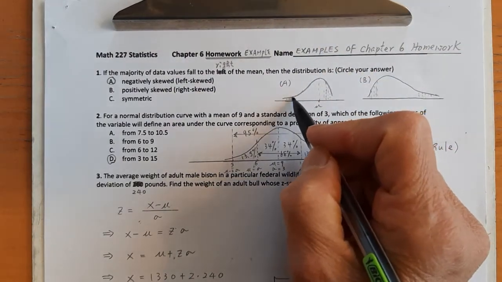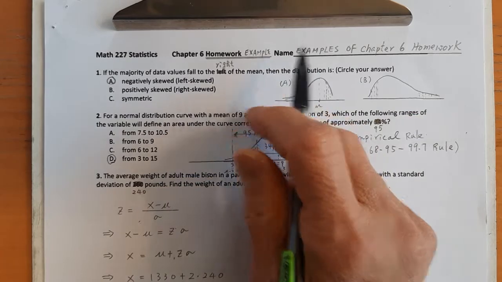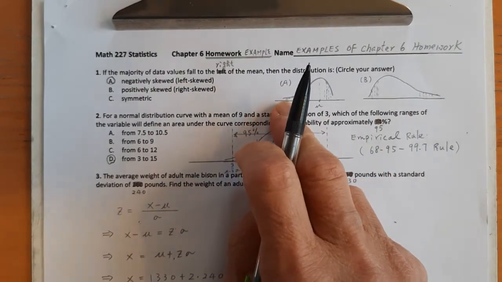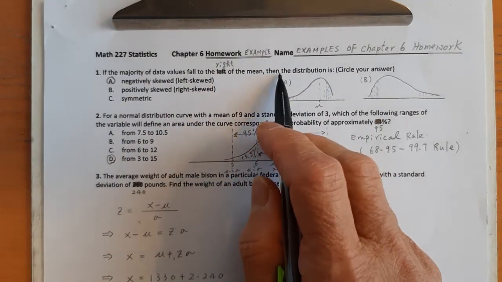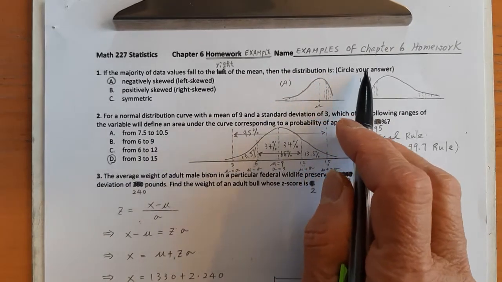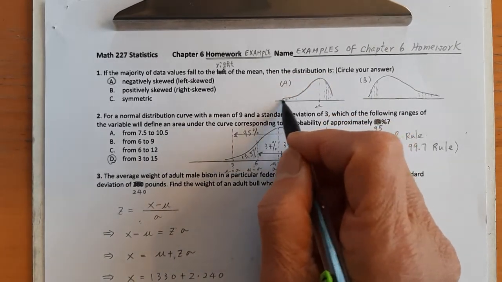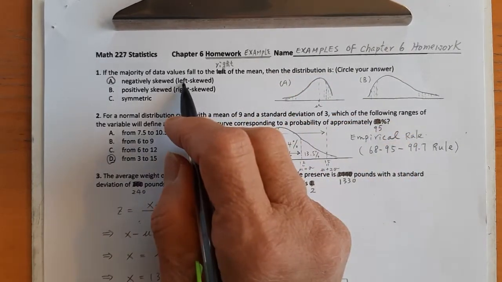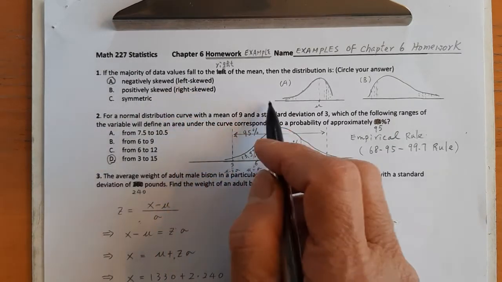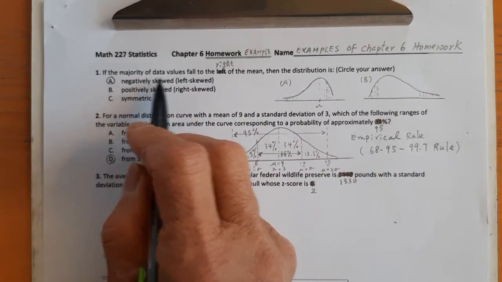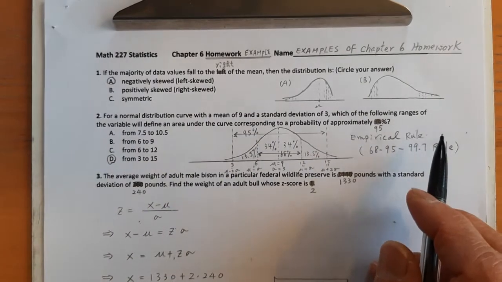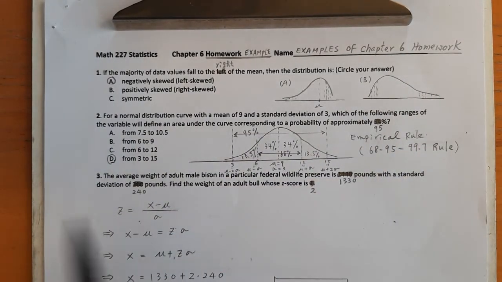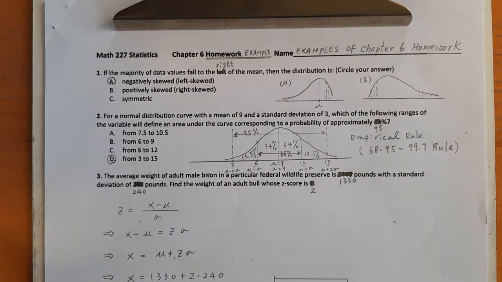To the left of the mean is skinny, slim. Then the distribution we call skewed to the left, or left skewed, or negatively skewed, because on the real number line, to the left of 0 is a negative number. To the right of 0 is a positive number.